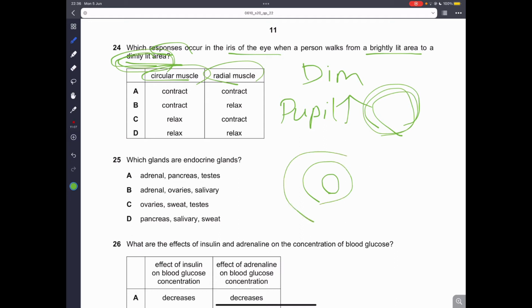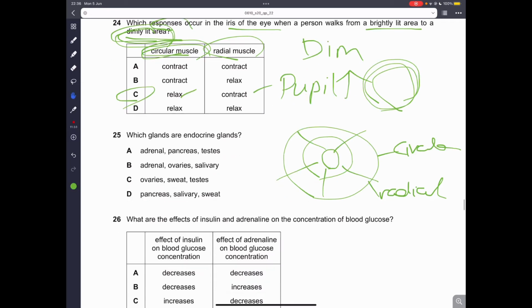Let me draw this: this is the circular muscle, and these are the radial muscles. The radial muscle have to contract, while the circular muscle is going to relax. So C is the correct answer.